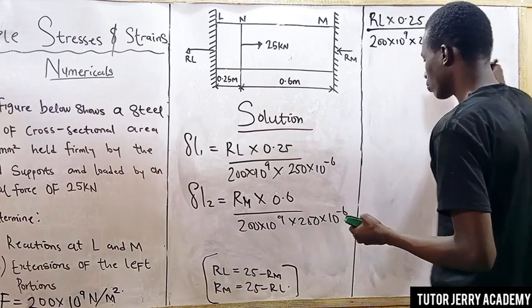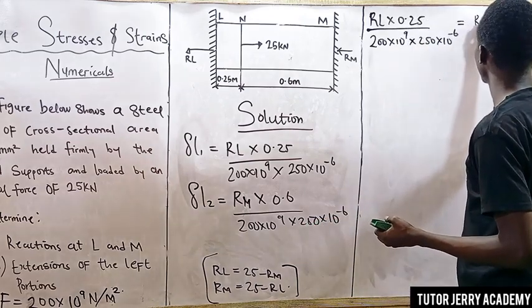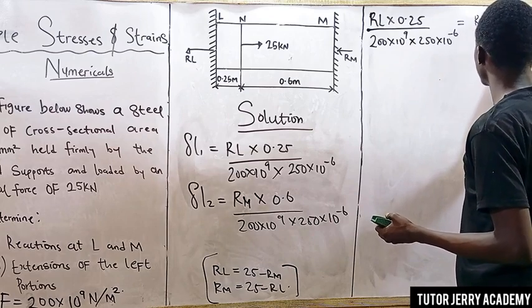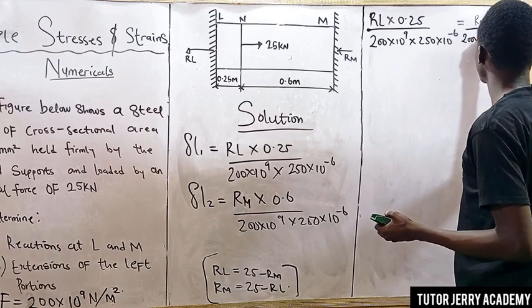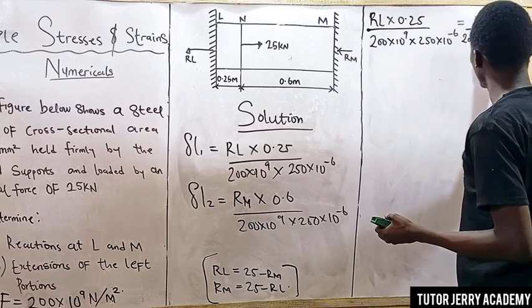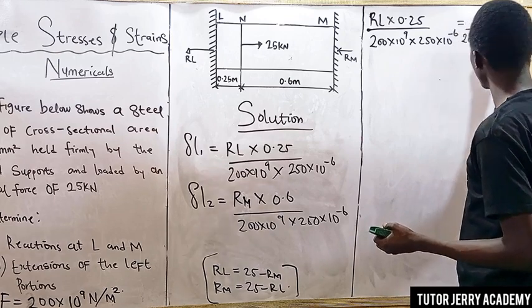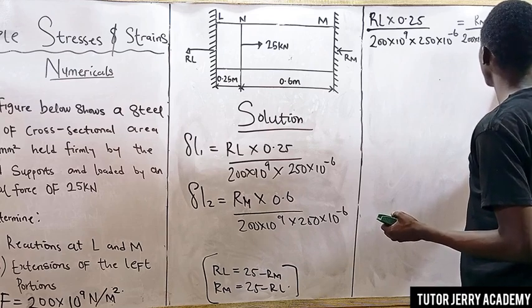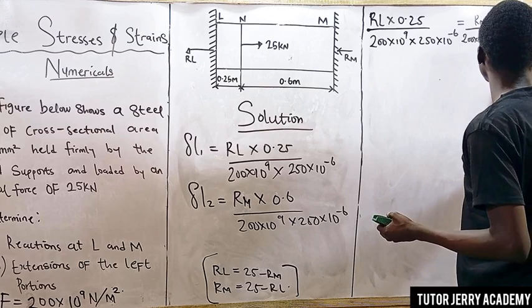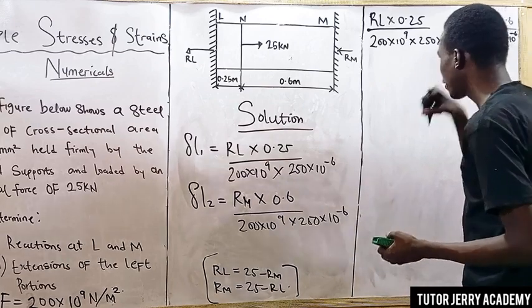This is equal to Rm times 0.6 all over 200 times 10 to the power of 9 multiplied by the area, 250 times 10 to the power of minus 6. Now, this is what we have.